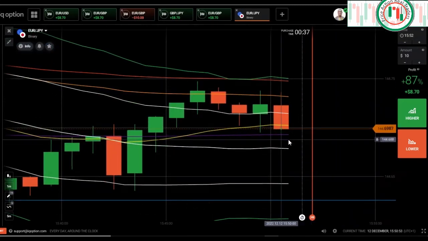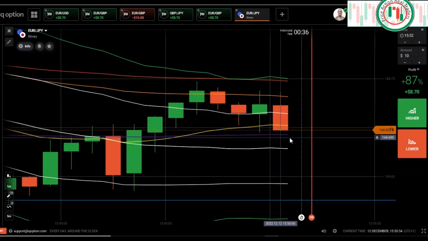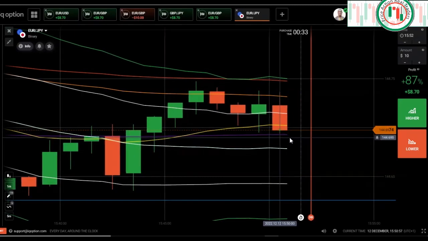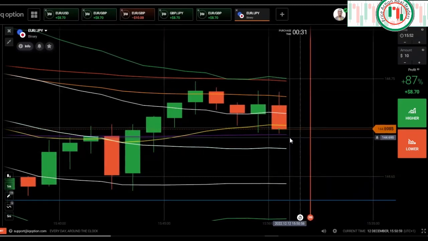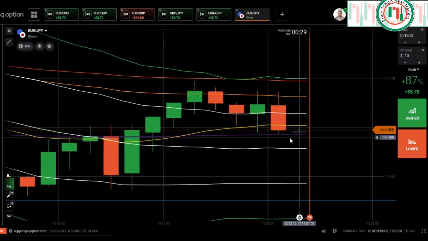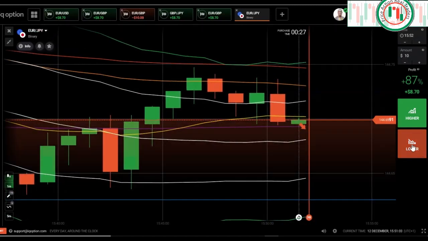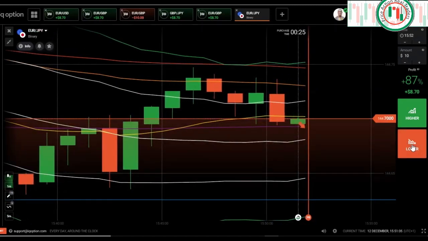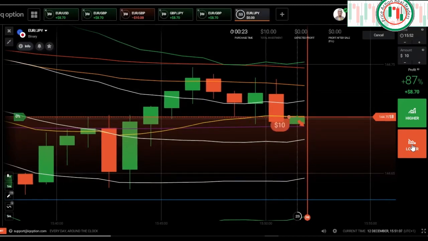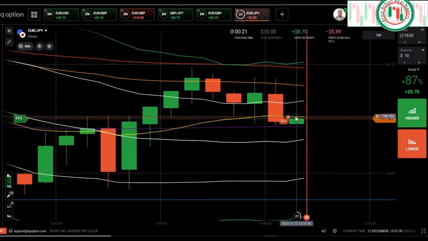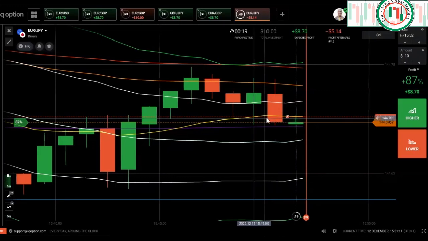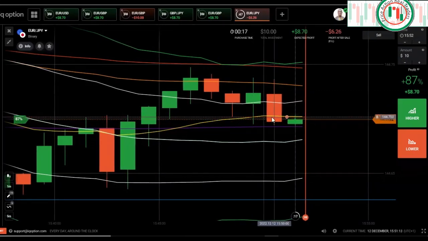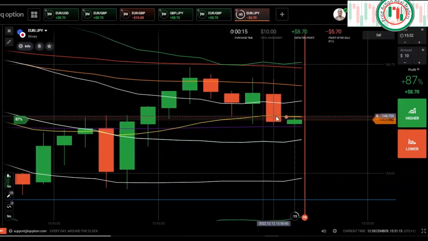Yes, this is complete SNR, but I'm expecting market to go down, especially if there is gap. Yes, gap down. Yes, I place put option because we are below this round number and this 20 MA.